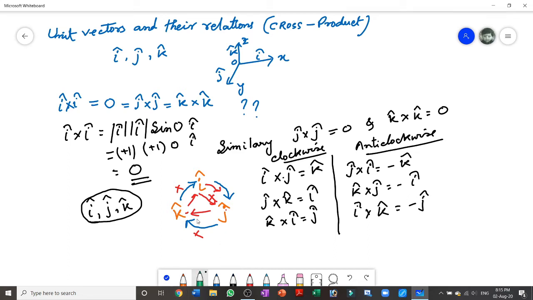Remember one thing, the cross product depends on the right hand screw system.